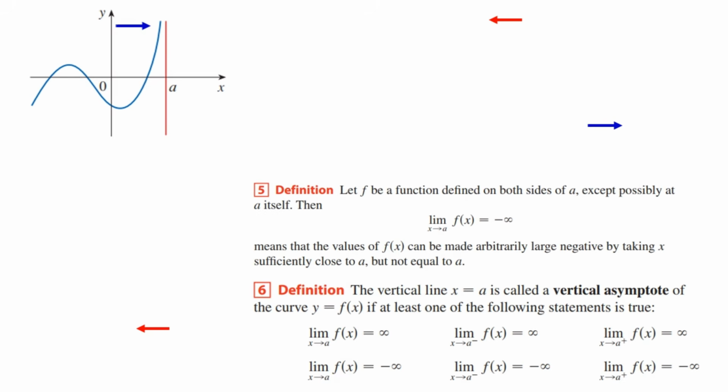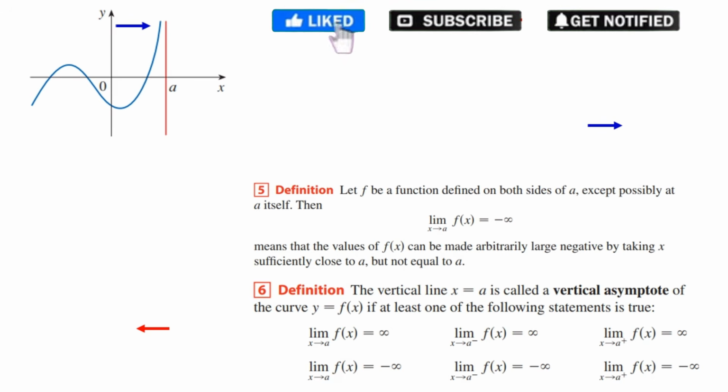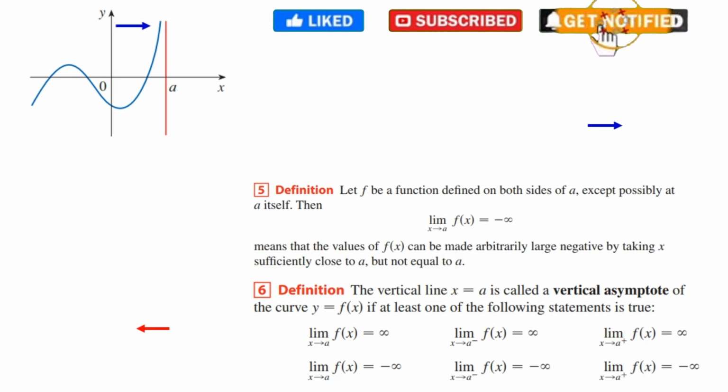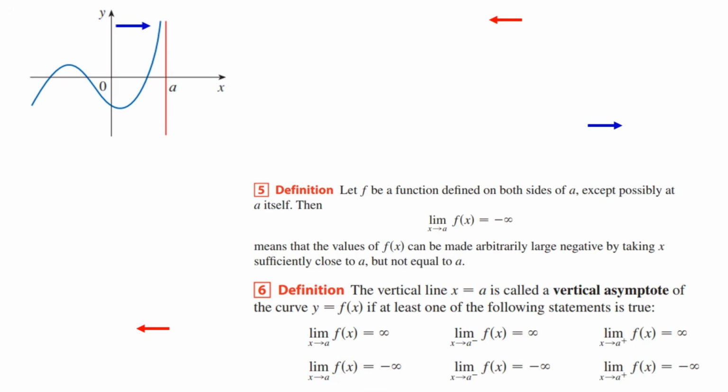That line is the function f of x, and as the blue arrow is coming, it's going to hit the line. And as you can see, the line is actually moving to positive infinity. So we can say that the limit as x tends to a from the negative axis of f of x is equal to infinity, which is positive infinity.